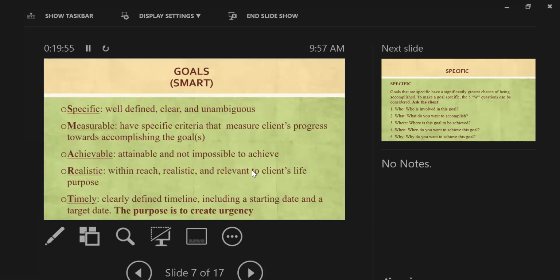Just a second. The last thing I want to mention about goals is this: the word goal can be quite clinical. We don't walk around saying, here's my goal. So use the language that fits your client. If you ask them what goals they want to work on and there's some resistance, change the language.